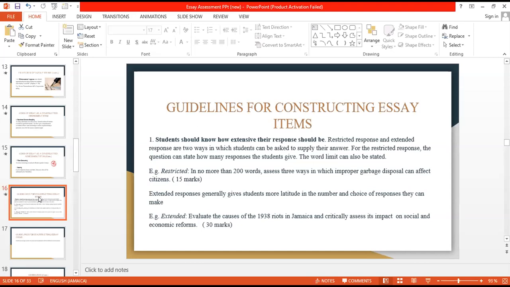So in the restricted response, teachers would state specifically and clearly in the instructions that they want the essay to be no more than 200 words. So students have an idea in their minds that, okay, I cannot go over this word limit. So that's a restricted response.